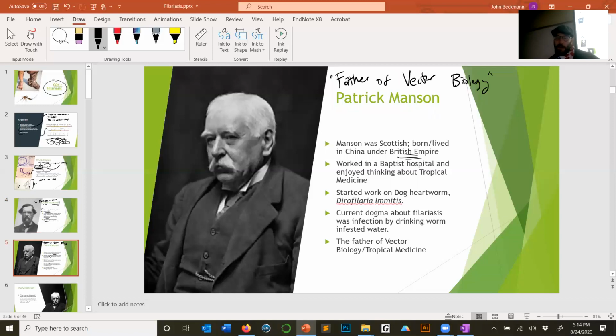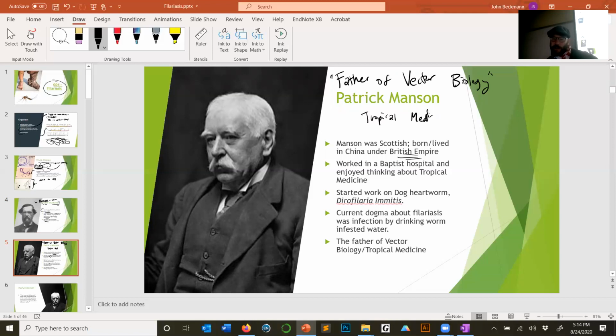So the British Empire, Britain is an island, right? They had control of many islands and parts of the world, and they would send their doctors to learn about different diseases in the world. And this guy's hobby was tropical medicine.